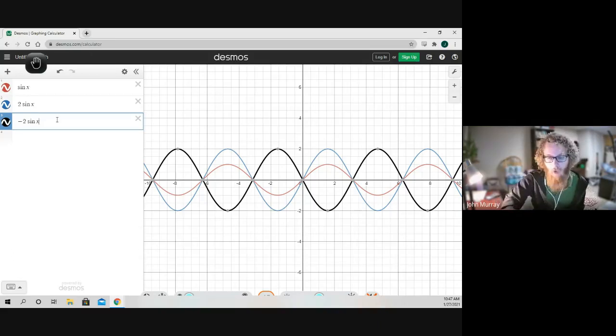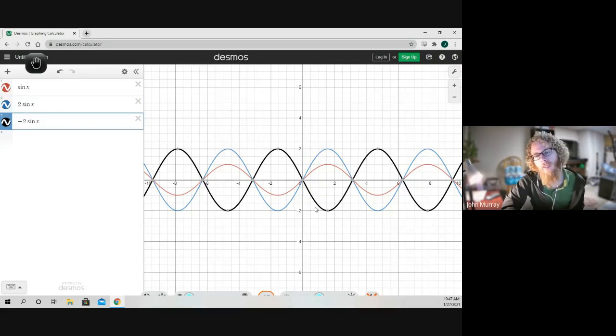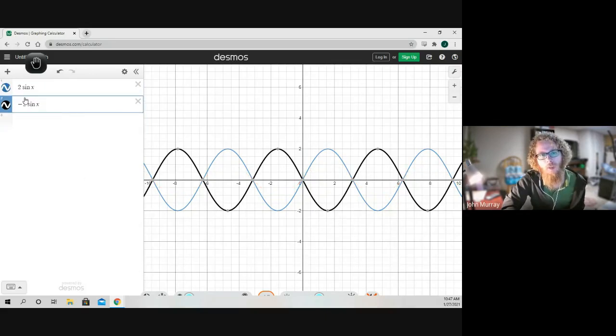But now, instead of starting off going up like this blue line, 2 sine of x, I start going down. I reflect over the x-axis.